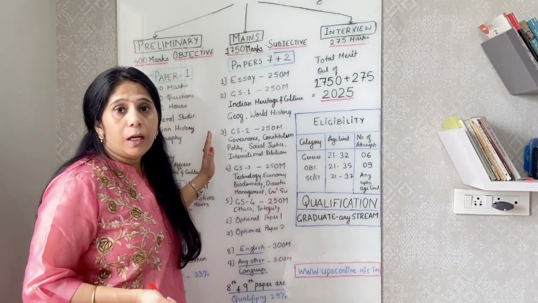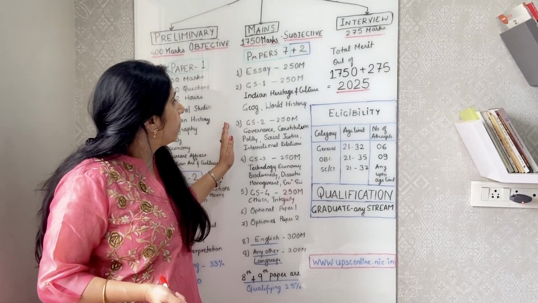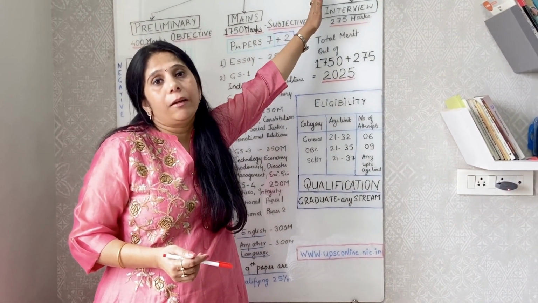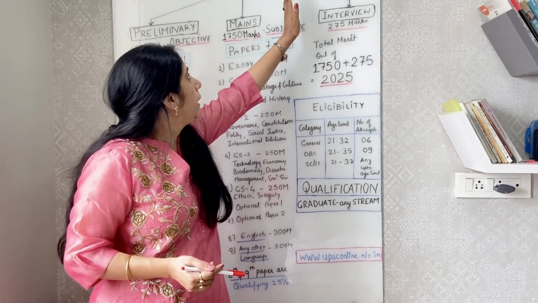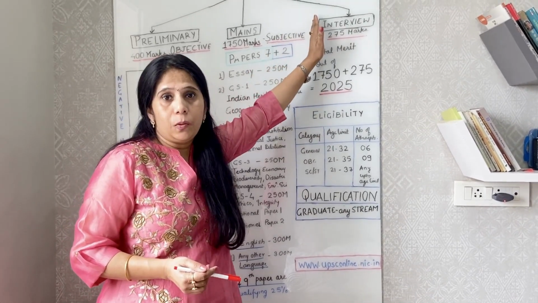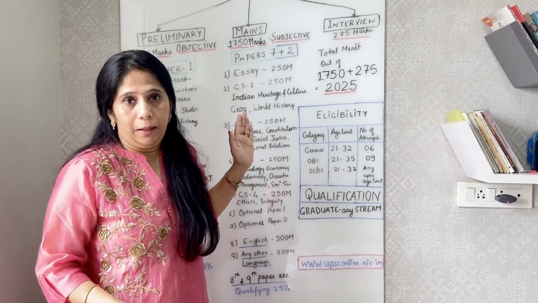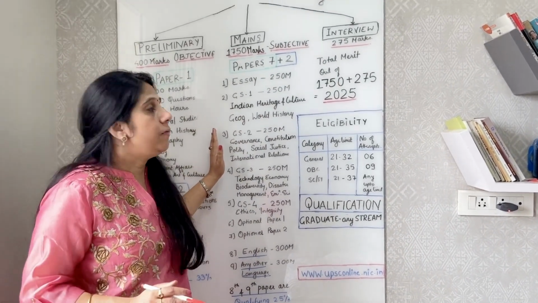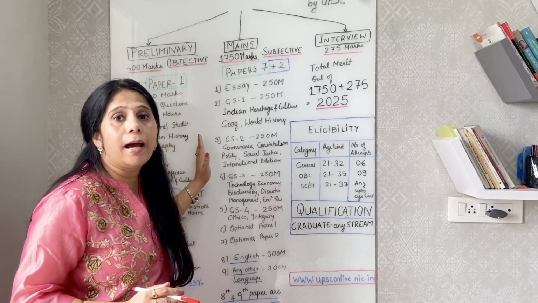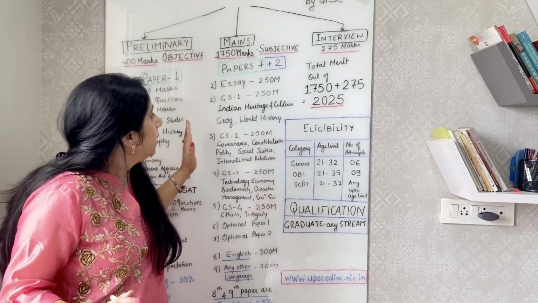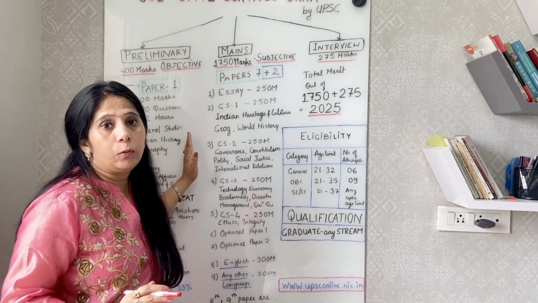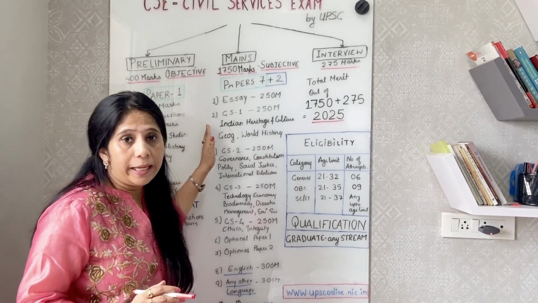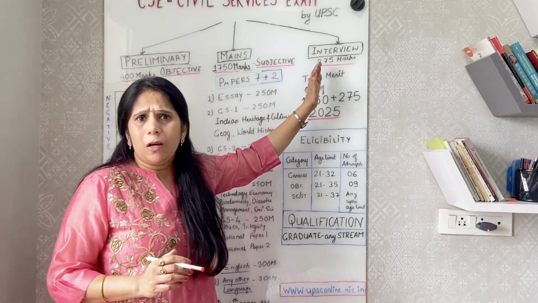Now, why you should appear for this, irrespective of the fact that you do not happen to come in the first 1000: you clear your mains, you appear for the interviews, you have proved your mettle. Getting certain knowledge itself is going to help you stand out from other candidates. There are companies in the corporate world who are looking for candidates who have appeared for prelims and mains, and not in the top 1000.